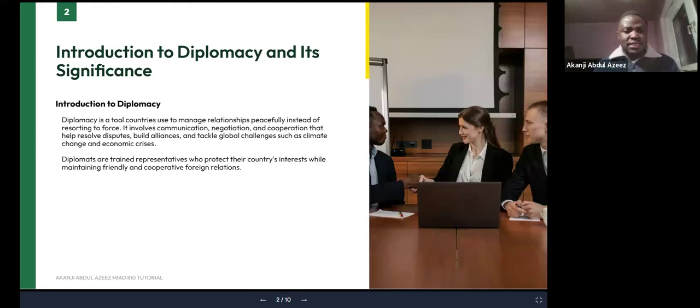In Module 1, we looked at diplomacy, and what we need to understand is that diplomacy is the most important tool countries use to manage their relationship with other countries. Instead of using military force or conflict, diplomacy allows states to communicate, negotiate, and cooperate peacefully.